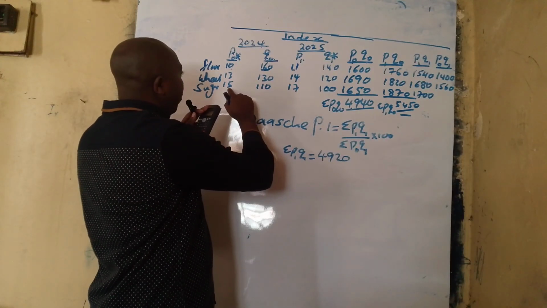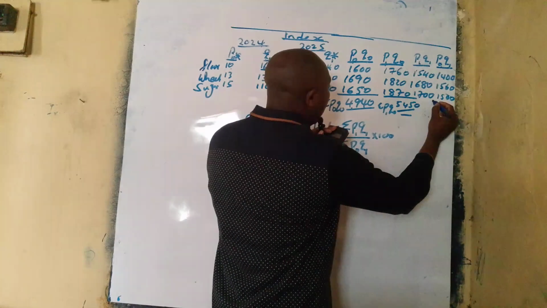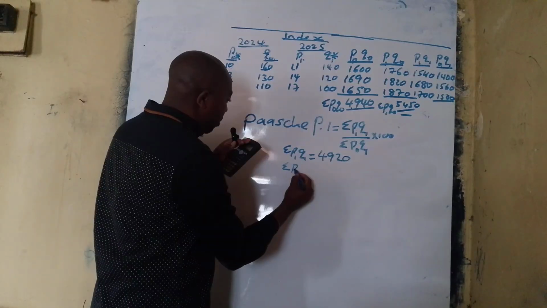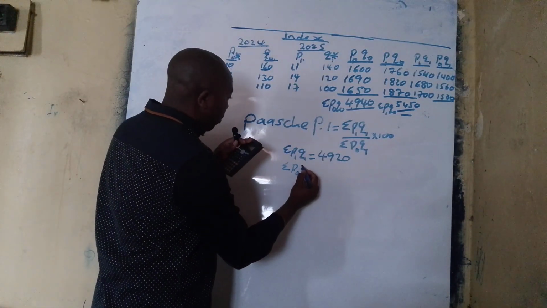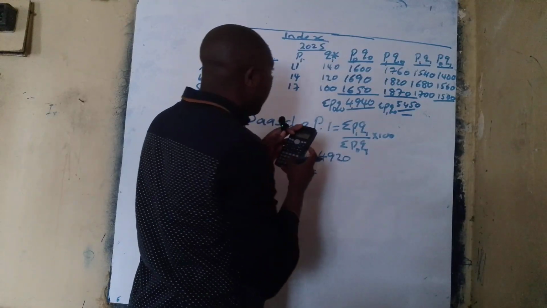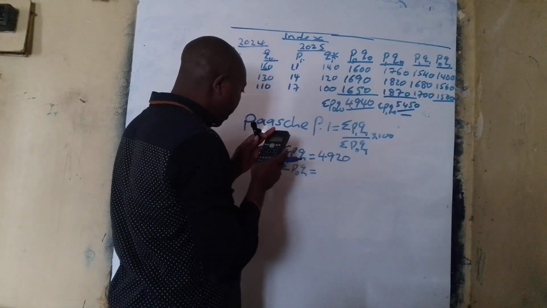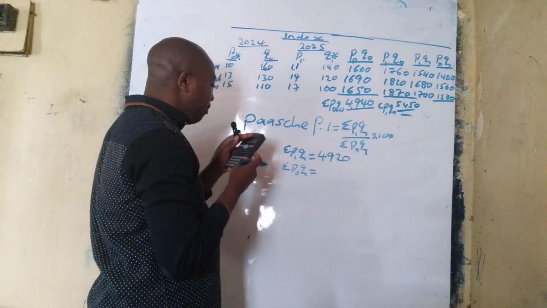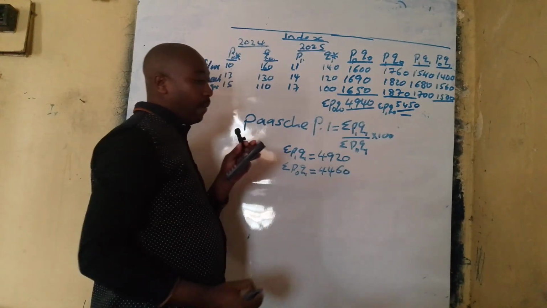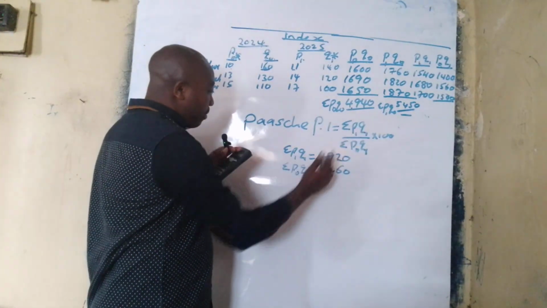Then we have 15 by 100, that is 1500. Then the summation of P0Q1 equals, we add 1560 plus 1400 plus 1500. That's around 4460. When we get that 4460, now we can apply our formula.